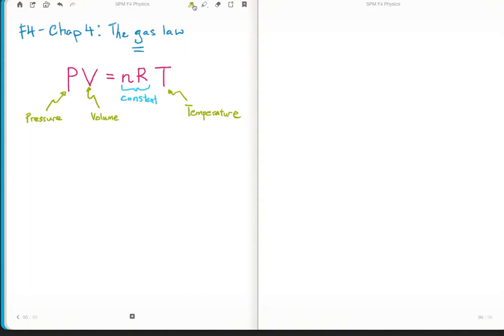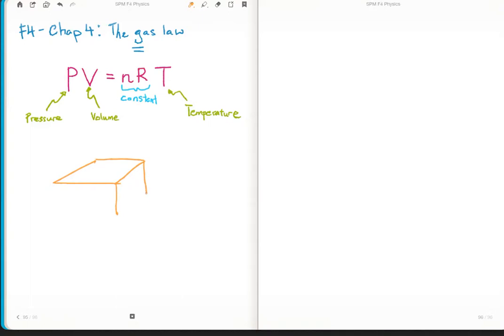I will call it a constant because all these three quantities are very much governed by, say, a volume. No, let me have a cube.